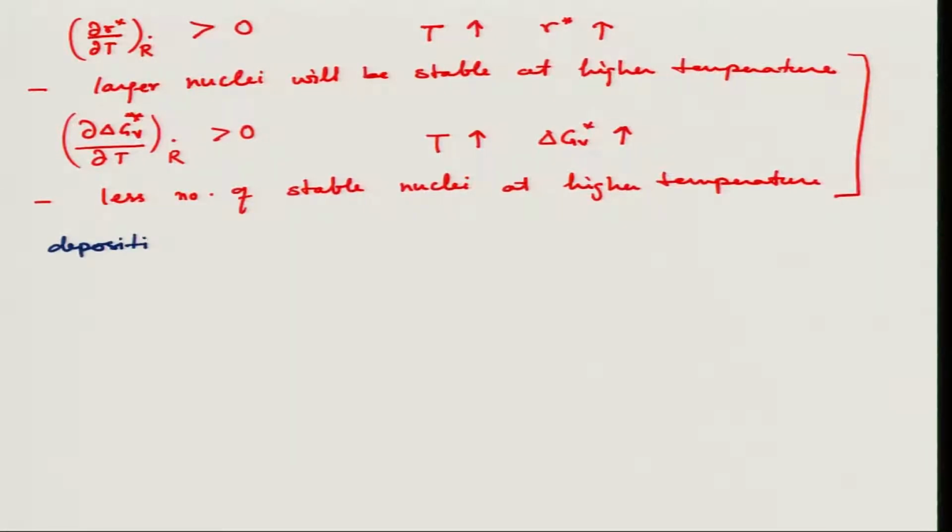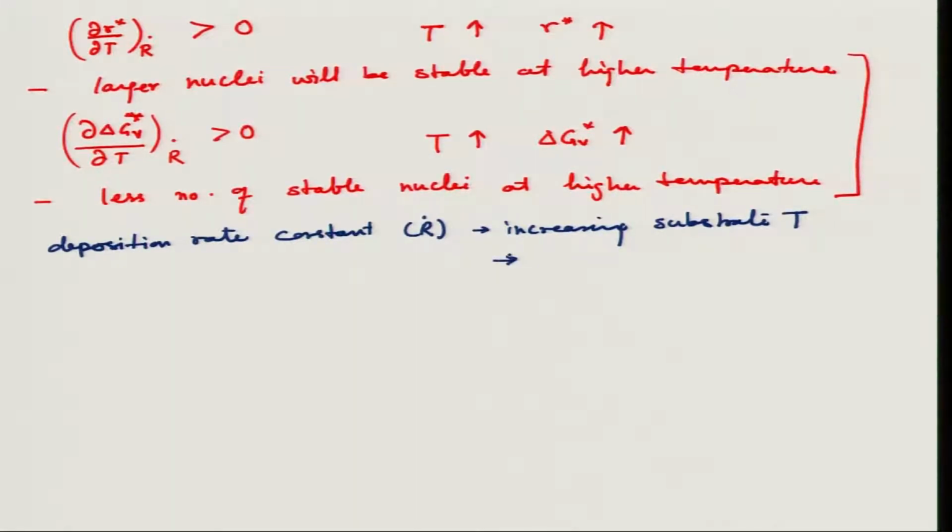Okay. So, combining these two, you can say if you keep the deposition rate constant, which is R dot, and increase the substrate temperature, it will result in a smaller number of large nuclei.